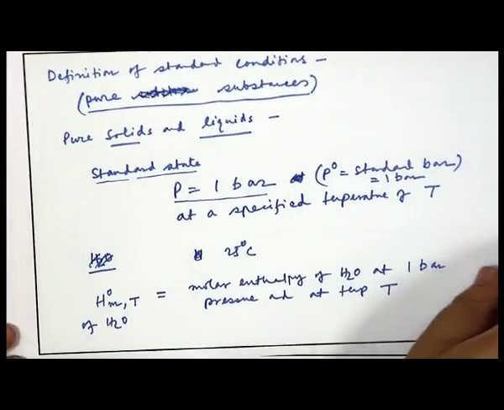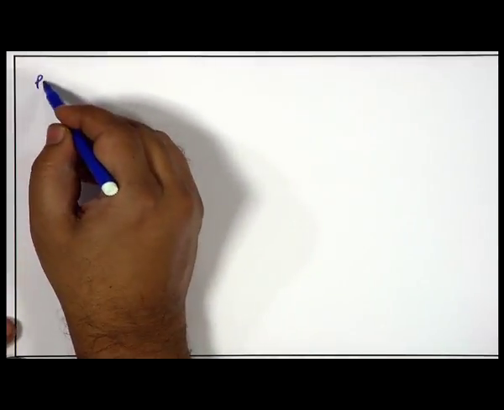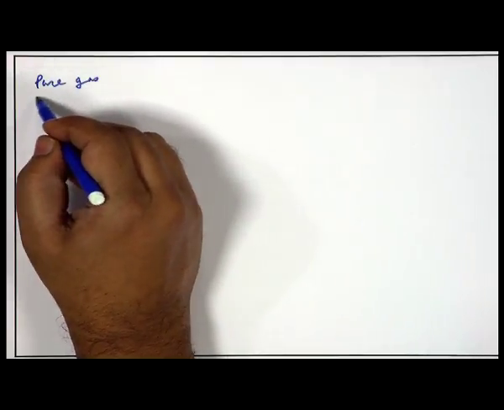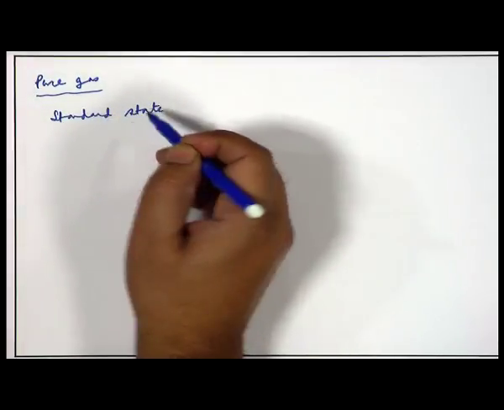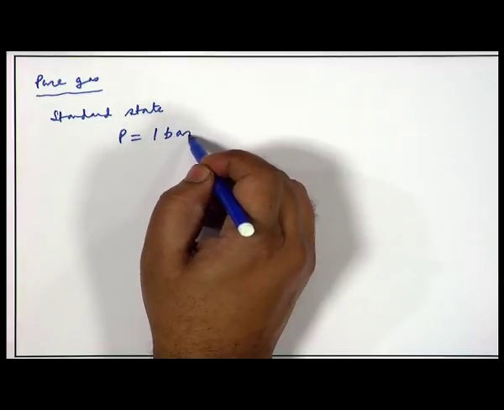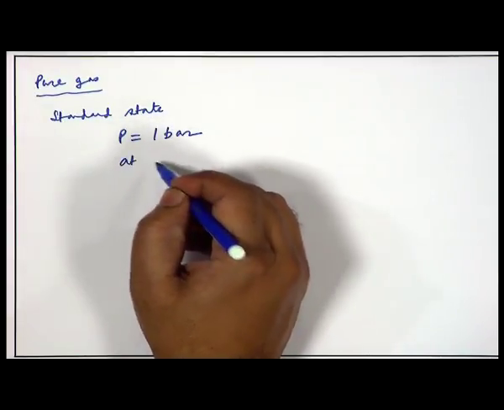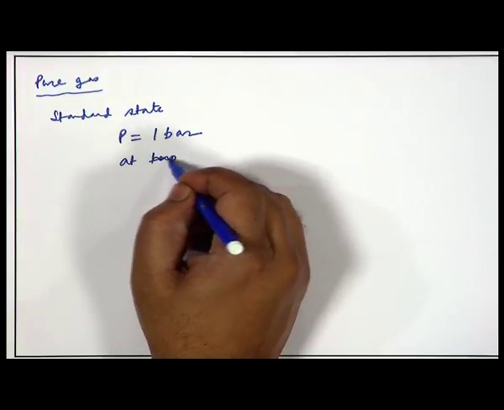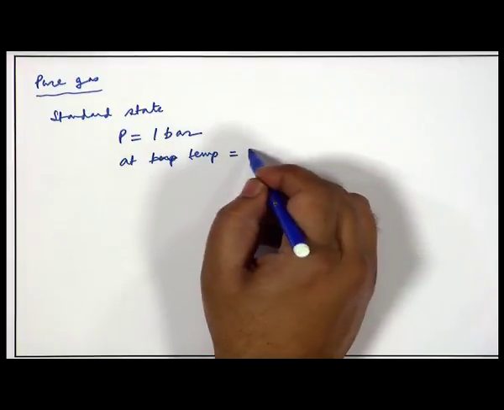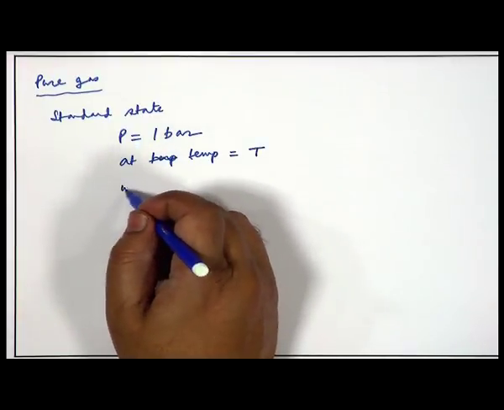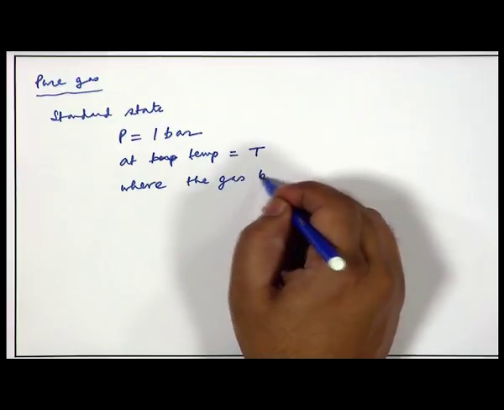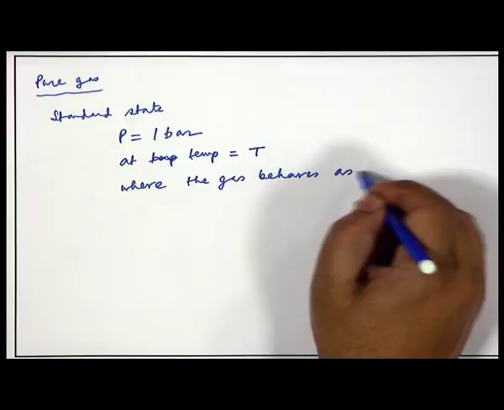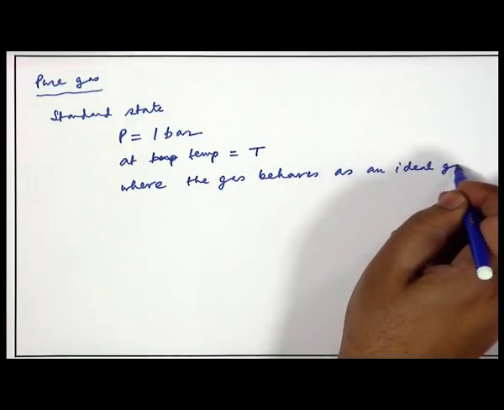We talked about pure solids and pure liquids. Then we will talk about pure gas. Now, the pure gas standard state is again P is 1 bar at temperature equal to T, and there is a third condition we are writing, where the gas behaves as an ideal gas.